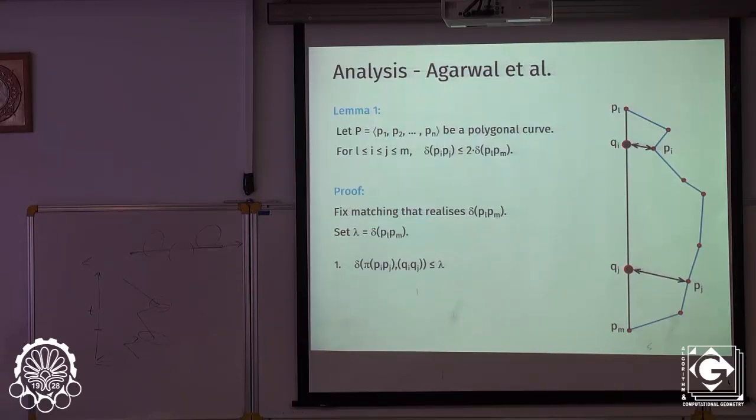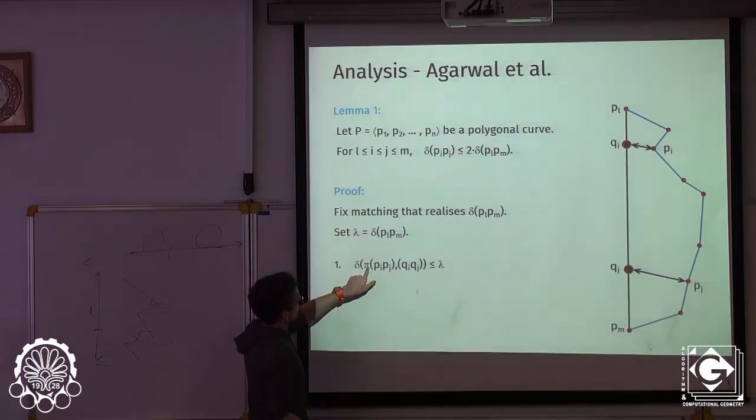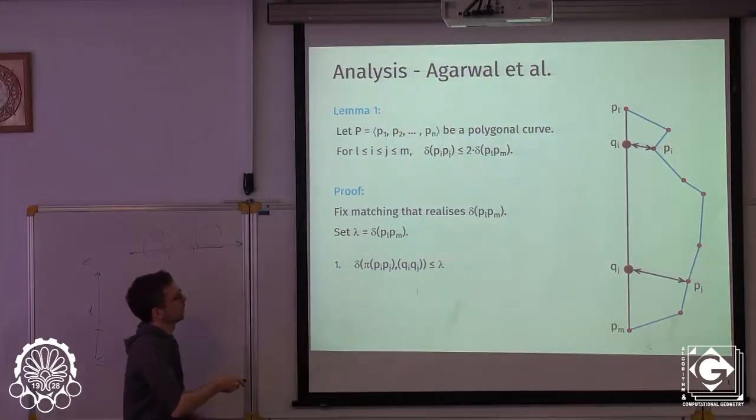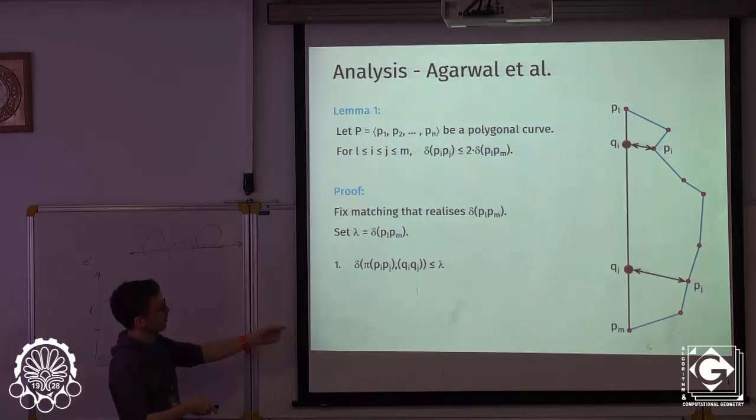And what I now have is that the distance for the subcurve from pi to pj to this qi qj is at most lambda, because it's part of the calculations and what is represented within the larger subcurve.